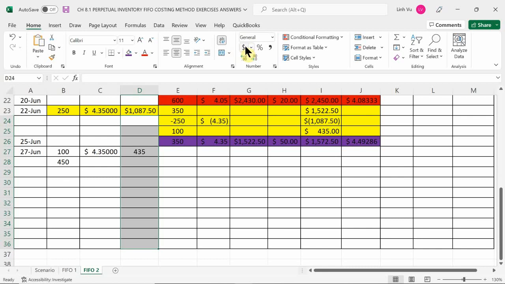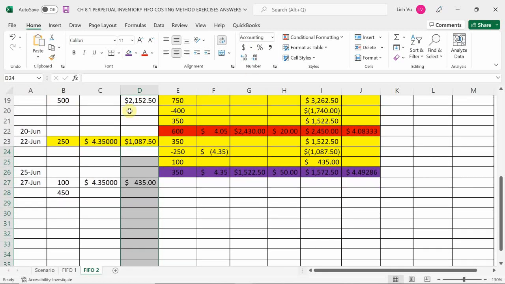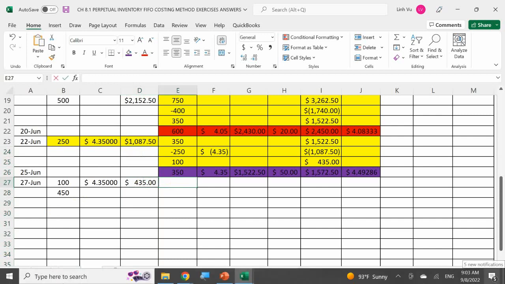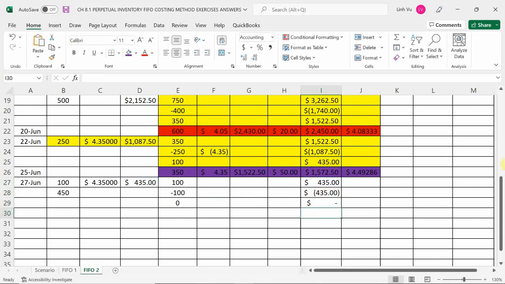Okay. So again, my yellow, we already calculated it, right? 100 at $4.35, which we already know is 435. So I can eliminate that now out here to get my numbers to be 0.